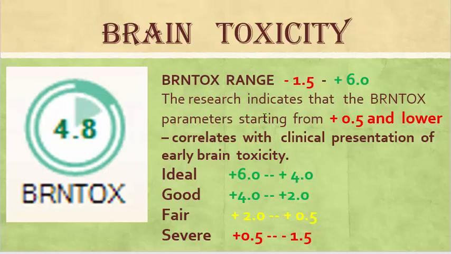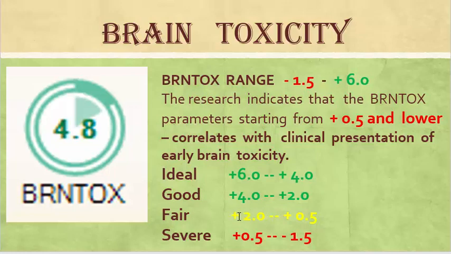Research has indicated that the brain toxicity parameter starting from 0.5 and lower correlates with a clinical presentation of early brain intoxication. The ideal range is between 4 and 6 positive. Good is from 2 positive to 4 positive.